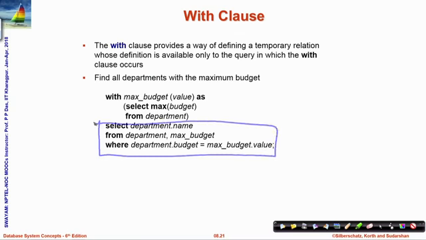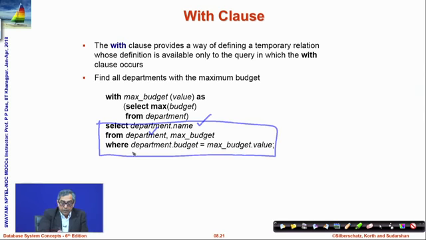We want to find the department name, from the department table, and the budget must be the same as the maximum budget. So, for that I need to know the maximum budget that exists across the departments.